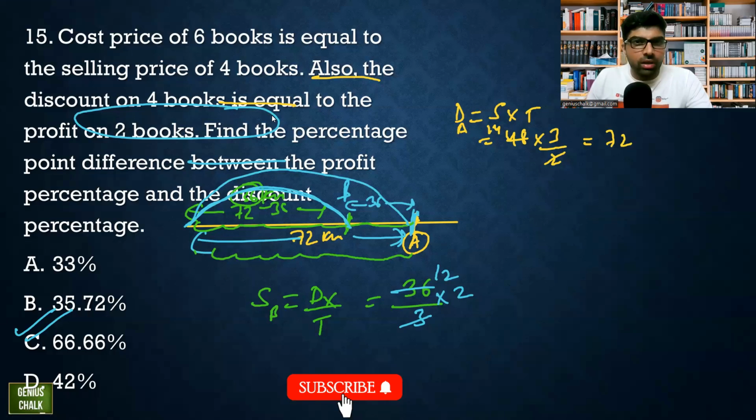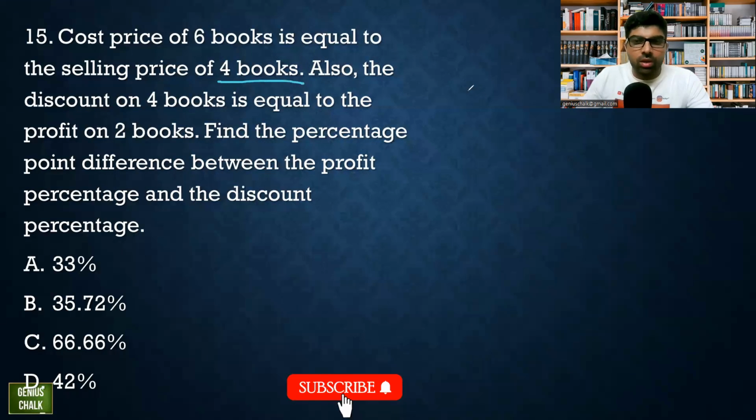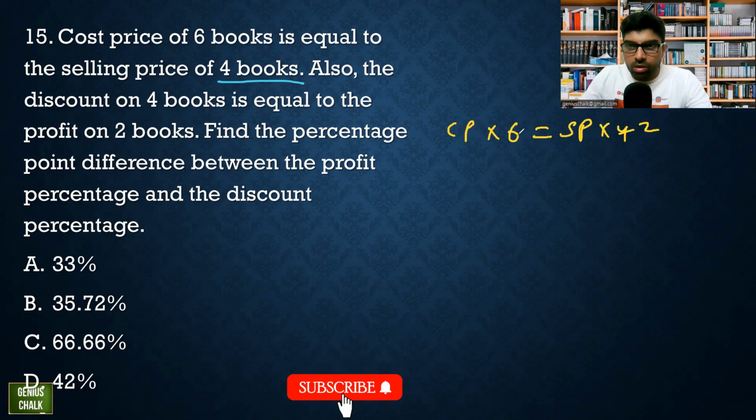Cost price of 6 books is equal to selling price of 4 books. Okay. So cost price of 6 books is equal to selling price of 4 books. So 2 and 3. So what is the ratio? Cost price is 2, selling price is 3, right?